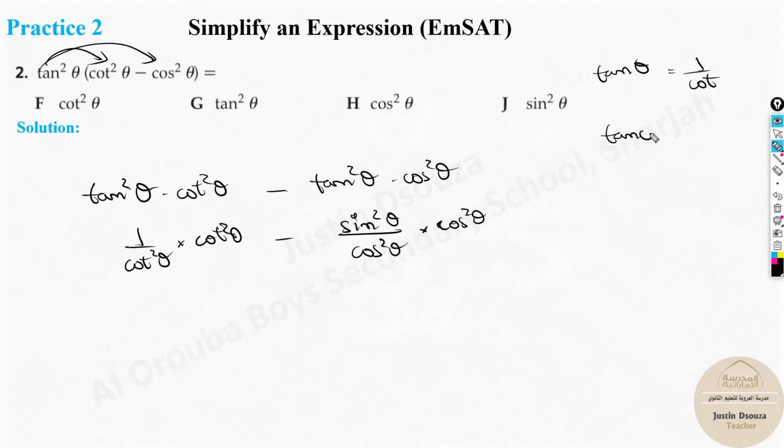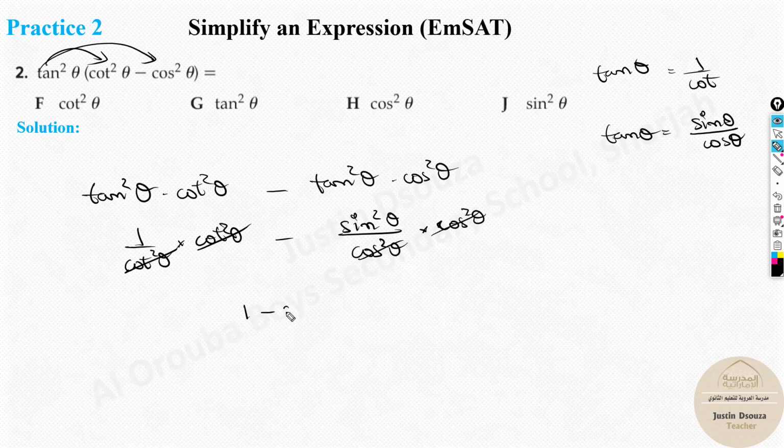I know also tan theta is equal to sine theta by cos theta. Now, if I do it in the first case, sine theta by cos theta, it's no use because it's not going to cancel cot out. So I wrote cot theta. Whereas over here, if I put 1 by cot, it's no use. So I have to put sine square and cos square. Now I can cancel it out. See, this cancels. Here also, this cancels.